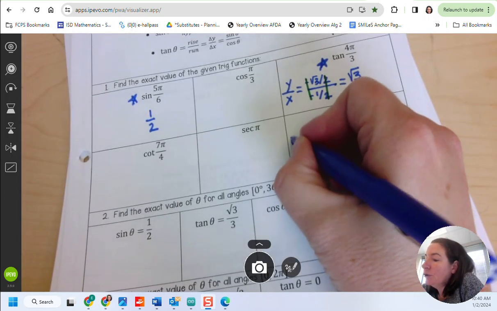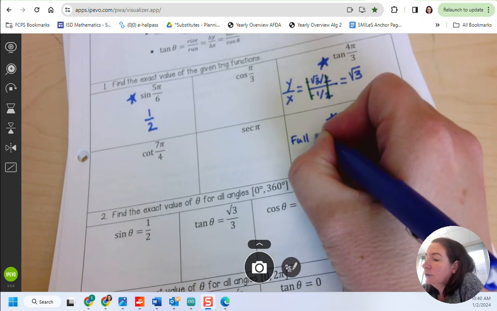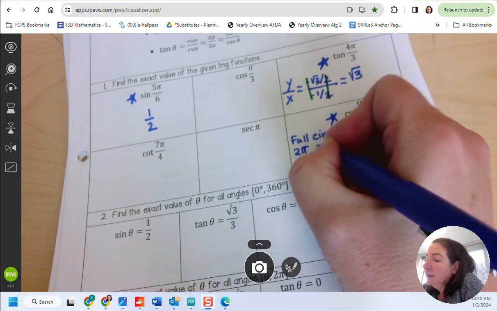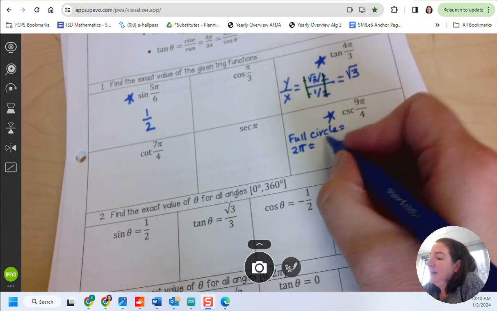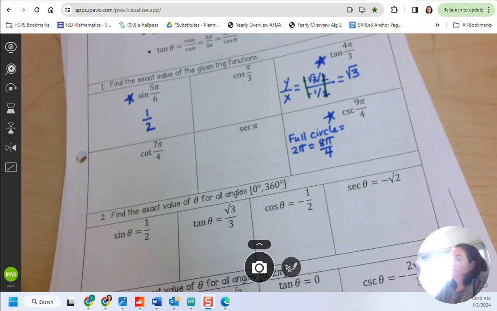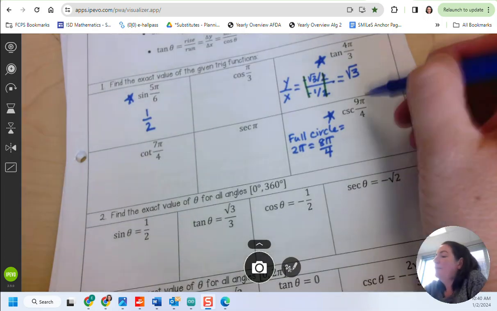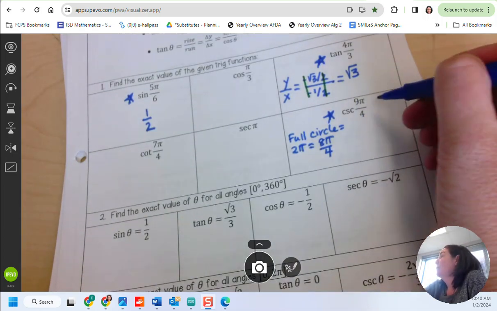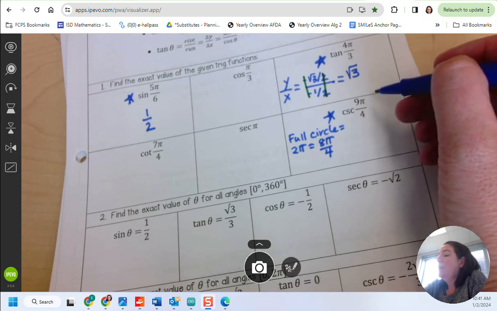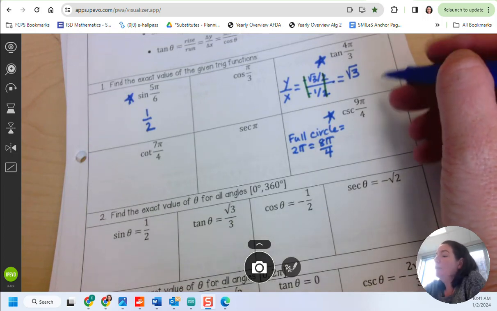So a full circle is 2 pi, and 2 pi is 8 pi over 4. Okay? So after I do 8 pi over 4, how much more do I have to do to get to 9 pi over 4? Yeah, 1 more 45, which is just pi over 4, right?